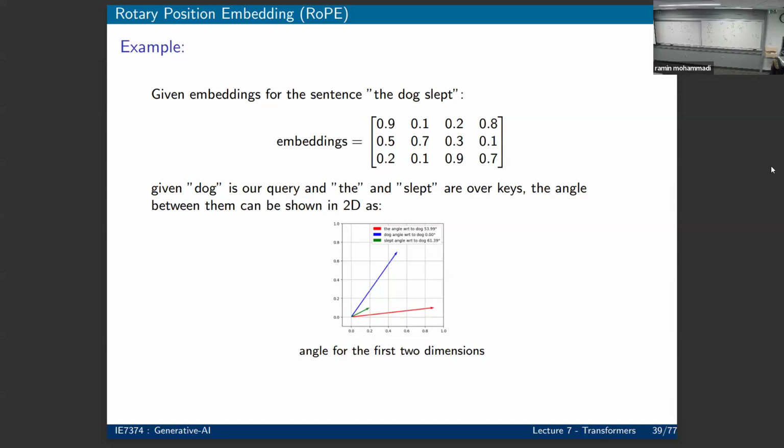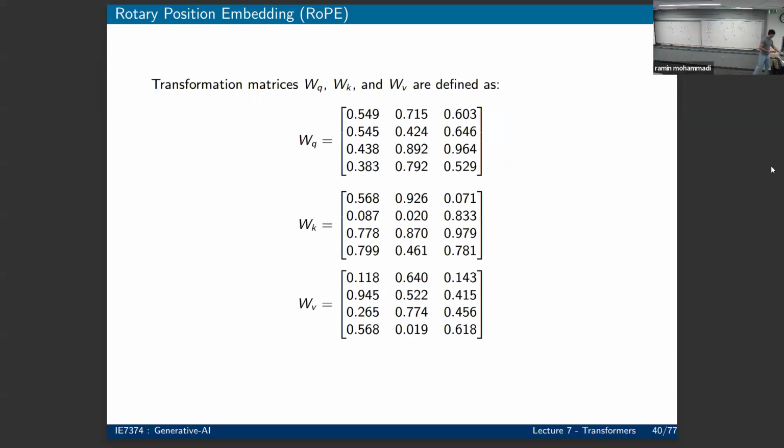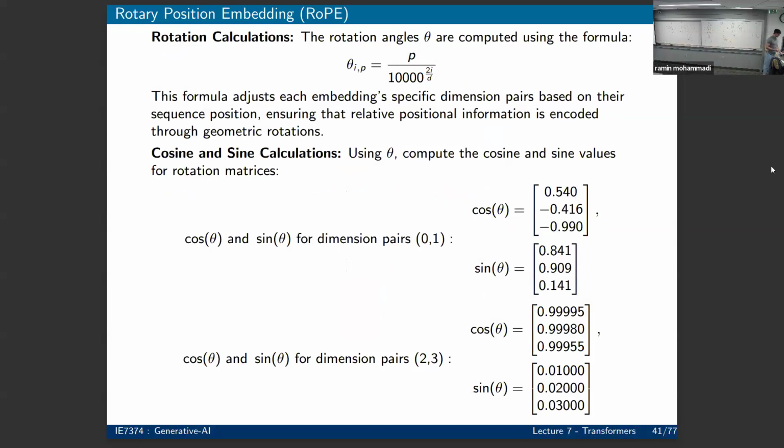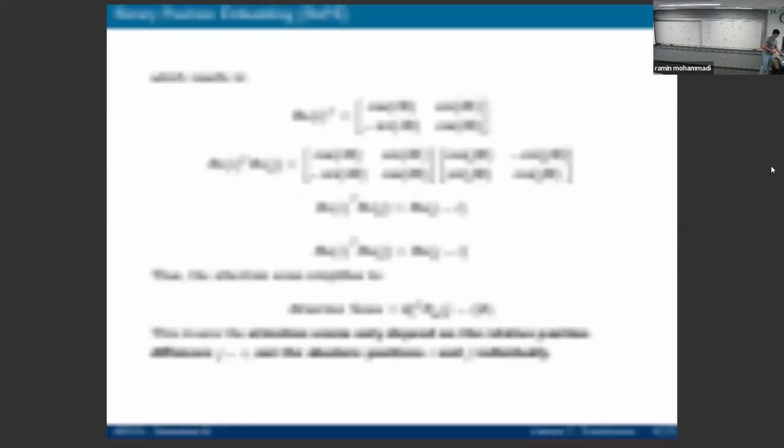Now, our goal is that we want to introduce RoPE and then do attention here. So we have 3 matrices similar to any attention: WQ, WK, and WV. Those are your weight matrices. So first thing we need to do is remember what's going on in this equation. Actually let's write this.